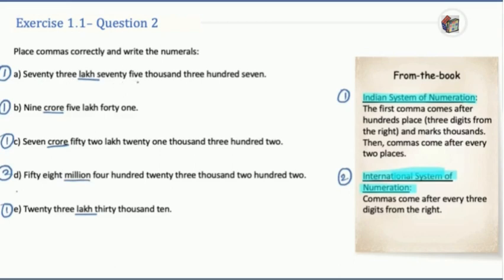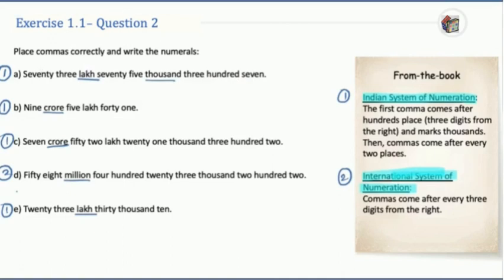Then I have 75,000, that's the second unit, underline that. Then you have 307. Now 100 is also another unit, but I'd rather not do that, because when I'm dealing with hundreds, the number is so small that all of us are comfortable writing them. So I'll only take care of the bigger units, my thousands and lakhs, then crores and so on.